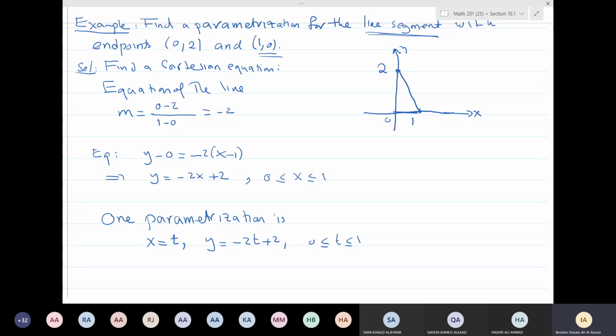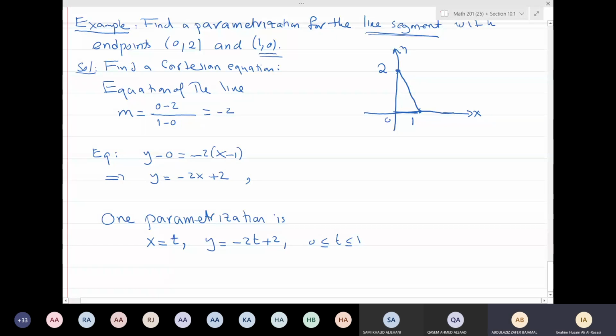Yes, I didn't understand the interval from 0 to 1. Okay. Without this interval, if I remove this one, let me remove it now. What is the graph of y equals minus 2x plus 2?